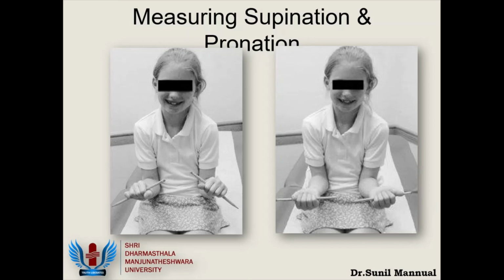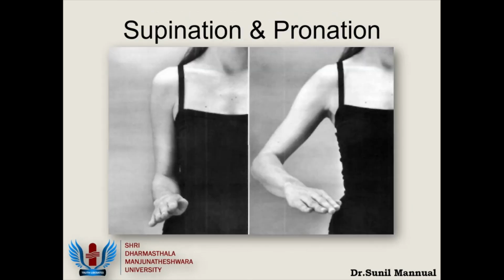Now I'll tell you why the elbow had to be close to the body. Now you will notice that this subject does not have complete pronation, but she can make up for this loss of complete pronation by gently abducting her shoulder. So it's so easy. The abduction of the shoulder helps in making up for the deficiency in complete pronation. Similarly, if the patient does not have a complete supination, the patient can adduct the shoulder.